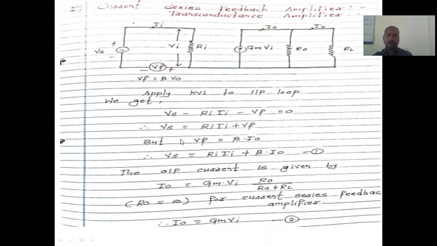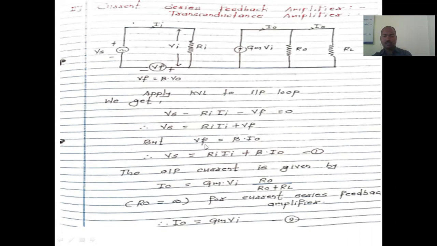Okay, now we know that Vf is equal to beta into I0. The reason beta into V0 did not come here is that the feedback is coming across here as a current, because this is the current series type of feedback network, right?